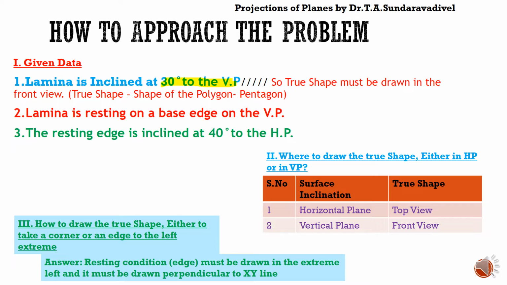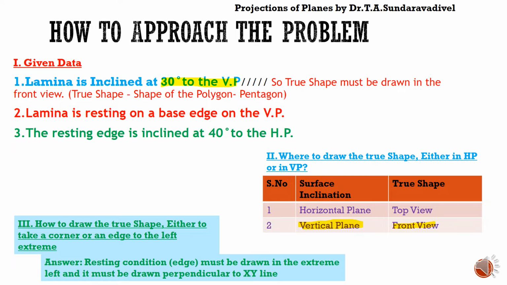From this we can see that the surface inclination of the plane only decides where to draw the true shape. So though the lamina is inclined at some angle to VP, though the surface inclination is with VP, we have to draw the true shape in the front view.